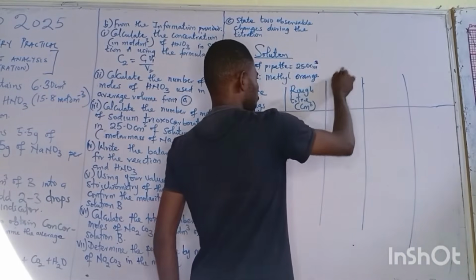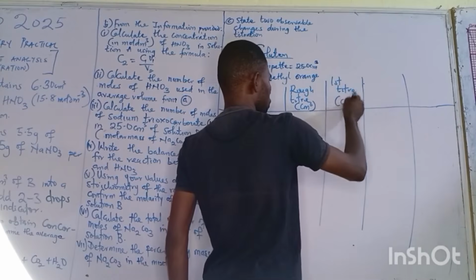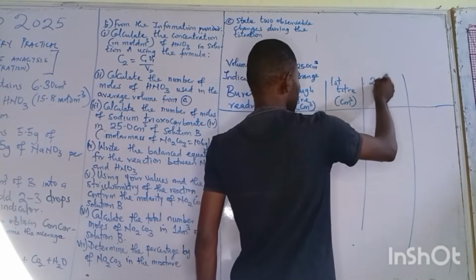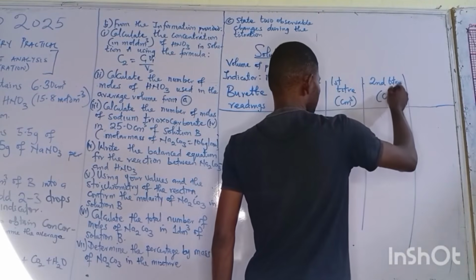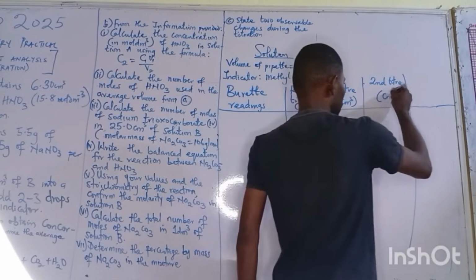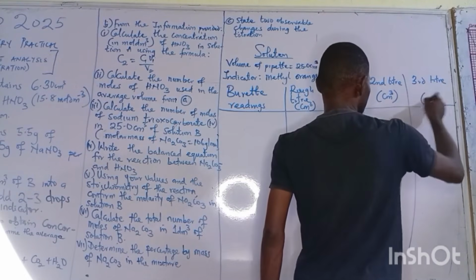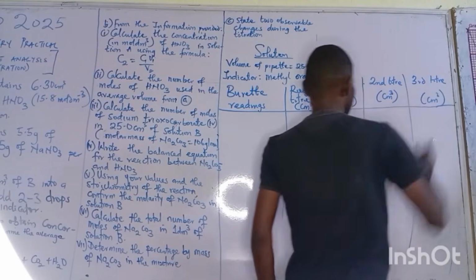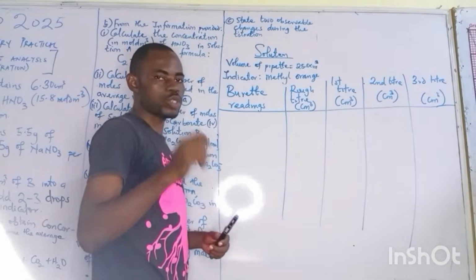So I'm having first titre in centimeter cube, second titre in centimeter cube, and third titre also in centimeter cube. Like I told you, I'm using the titre value 22.5.